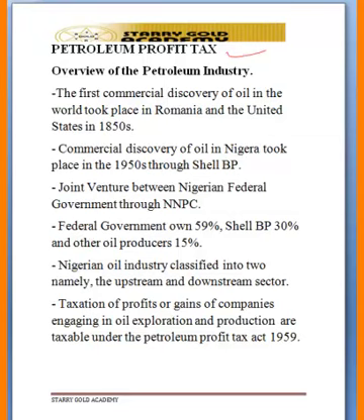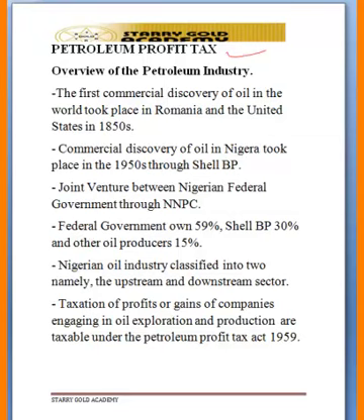The joint venture has it that the federal government owns 59%, Shell, BP owns 30%, and other oil producers own 15%. Joint venture was entered into to allow the extraction and exploration of oil.